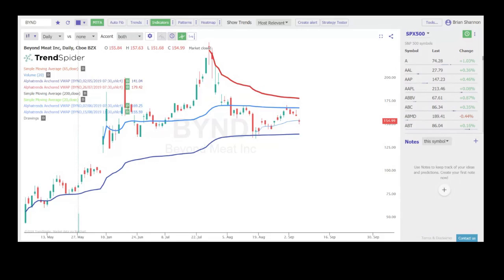No one's going to know how the shorts are being affected. No one's going to know what the options activity is, how the convertible bonds are playing into the overall picture. So no one ever has a complete, accurate picture of all the activity around a stock like Beyond or Tesla or whatever.